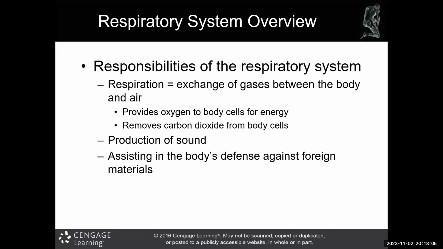So as the body uses oxygen, it converts it to the waste carbon dioxide, which then needs to be expelled through our breathing. Also, the production of sound. As I'm talking to you now, it is because I can breathe that I can talk and make sound.